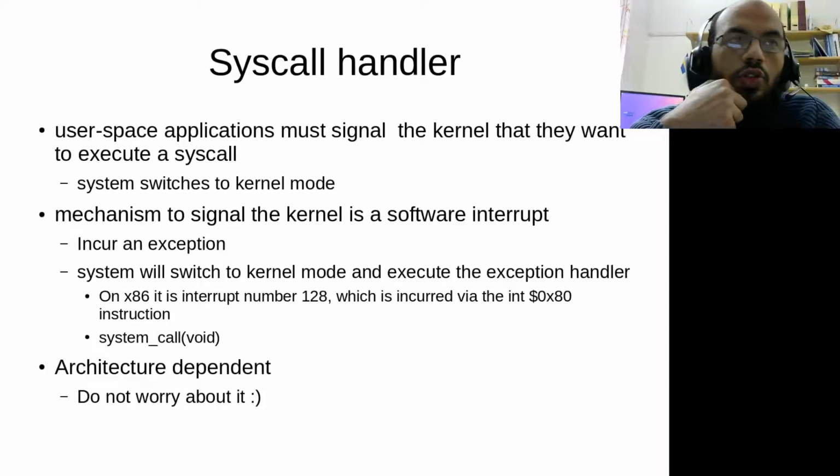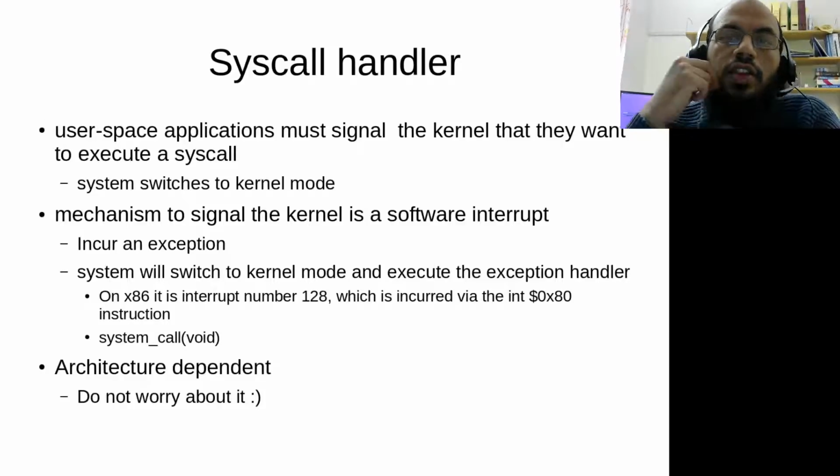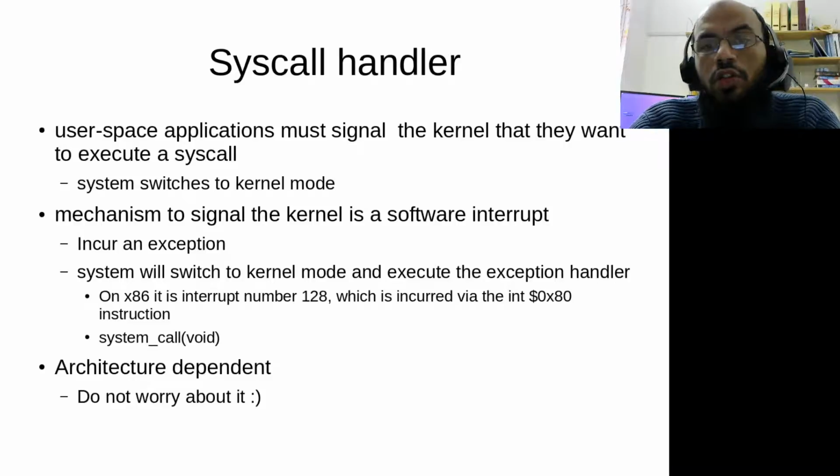It's sort of an interrupt, and as we talked about in the second lecture, there are exception handlers. The kernel basically treats this as a software interrupt and starts running the system call exception handler, which we talked about in the second lecture.